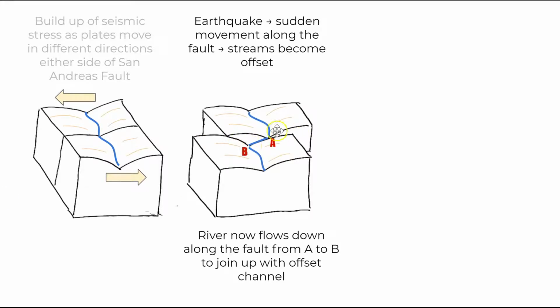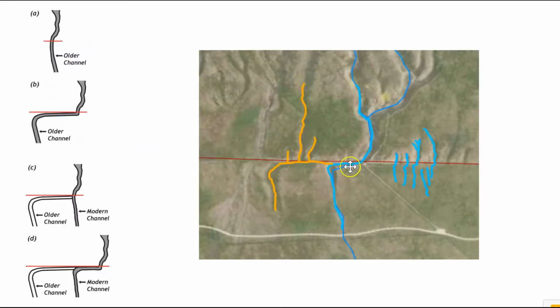When you get the sudden movement, you get these plates being offset in relation to each other, and you get this sudden change in the location of the stream where it's cut off or offset like that. And in that instance, the river flows along the fault line from A to B. So it's coming down here, then flowing downhill and flowing along here. And that's the offset that we have seen in the likes of this position here.